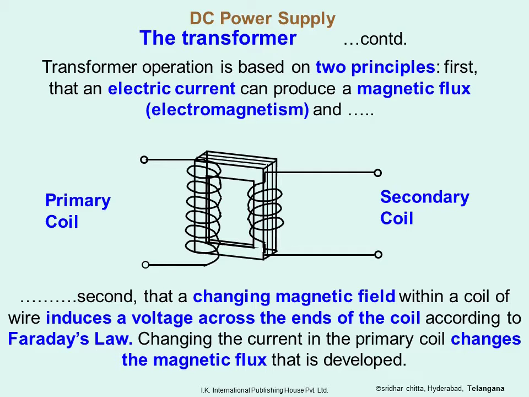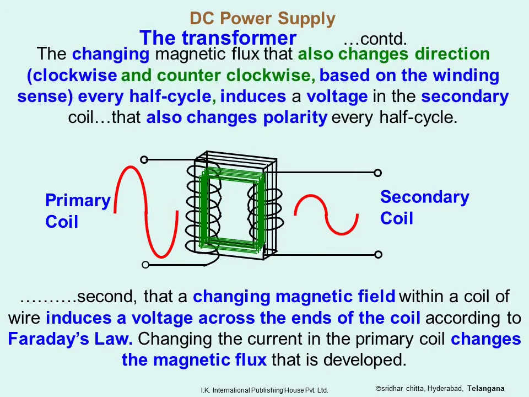Changing the current in the primary coil changes the magnetic flux that is developed. The changing magnetic flux also changes direction, clockwise and counterclockwise based on the winding sense, every half cycle, and induces a voltage in the secondary coil that also changes polarity every half cycle.